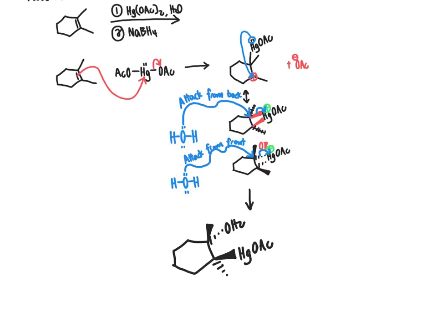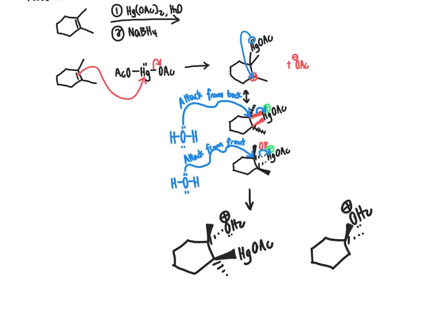Now, I'll go ahead and show you the other intermediate here that is also going to correspond to anti-addition. So that's going to have the attack of water from the front, so we'll show the water on a wedge, OH2, and we need our positive formal charge on there, as we did over here, but I kind of left out. And we need our dash to the methyl group, since the water is going to push that methyl group out of the way.